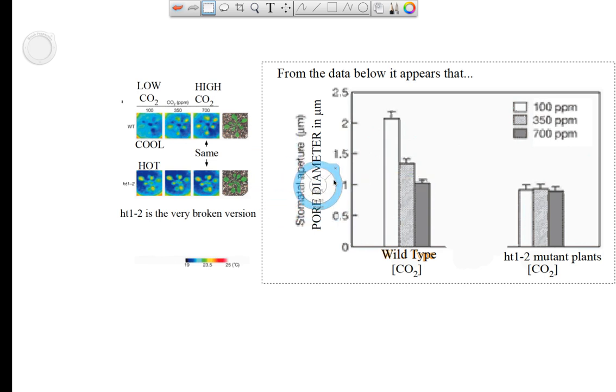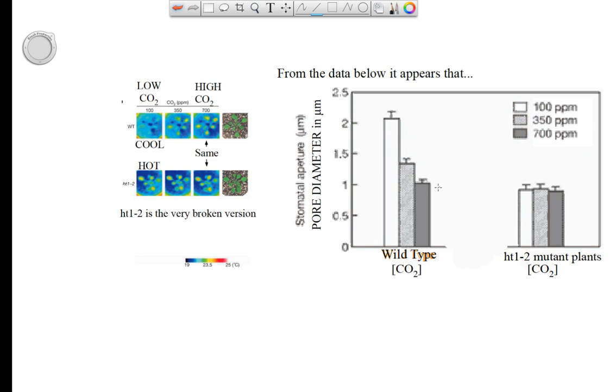Now, it's not perhaps evident from this picture that this level and this level are statistically the same, okay? So what this graph is telling us is that HT1-2 plants in all environmental conditions look just like wild-type plants do in high carbon dioxide conditions.